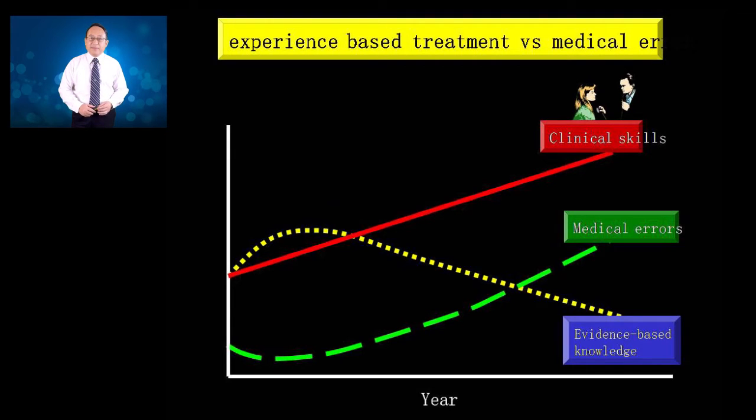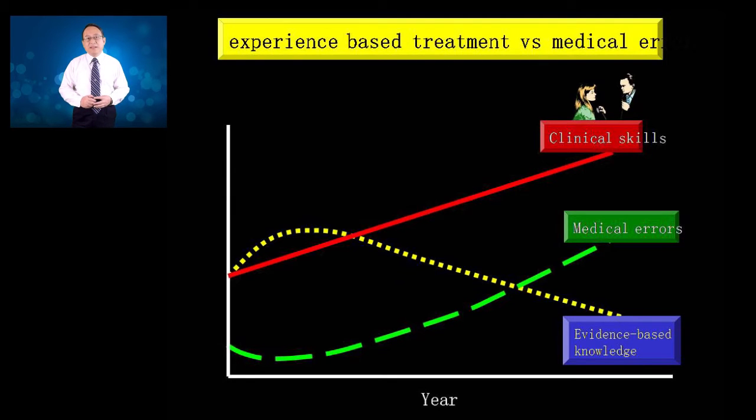But at the same time, because clinicians are busy with their patients, they don't have enough time to read journals or whatsoever. And finally, they lose the new, current evidence. At the same time, medical error increases.